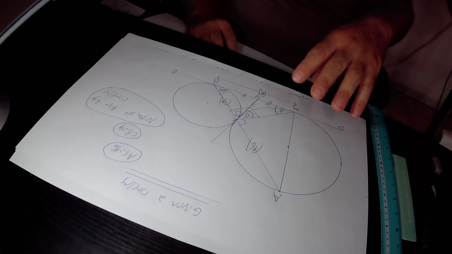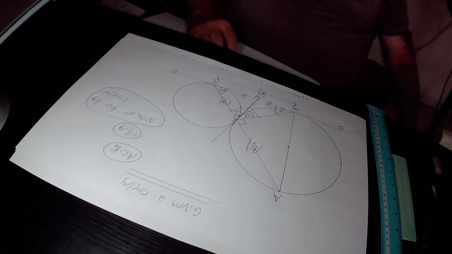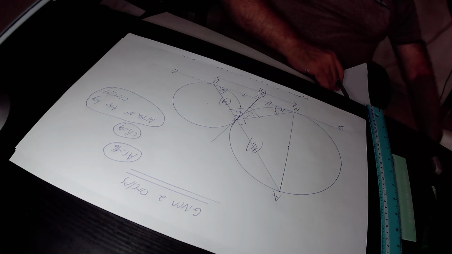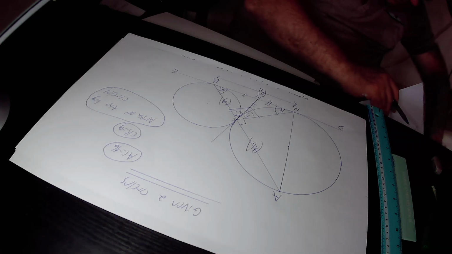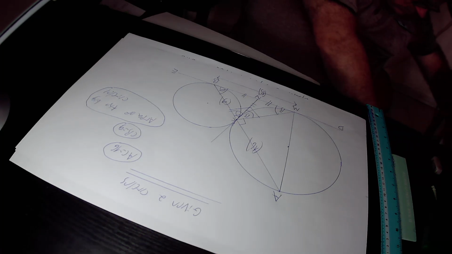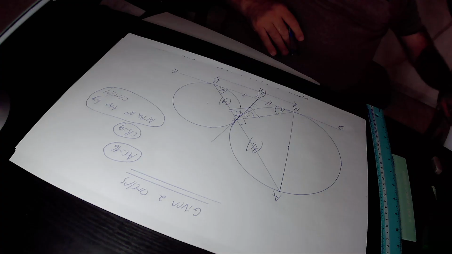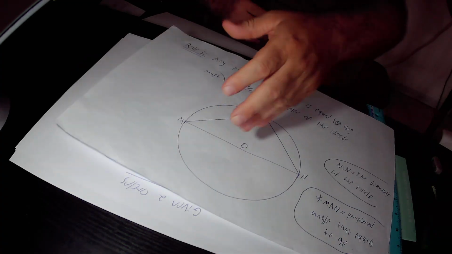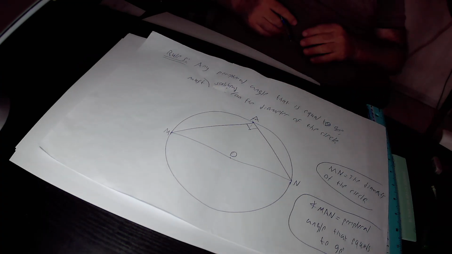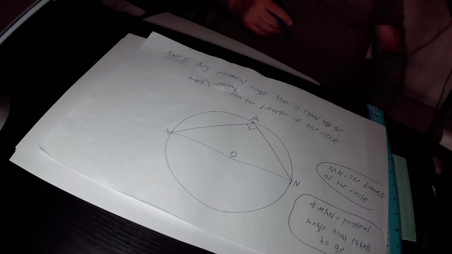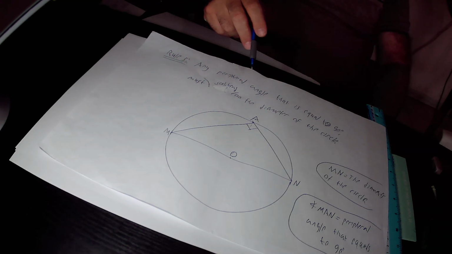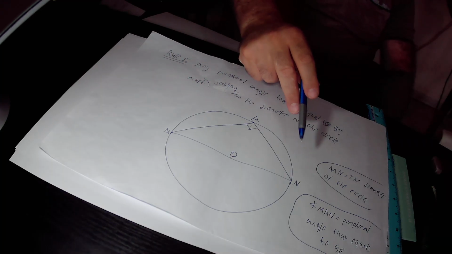Now we can implement rule 5. I'll repeat rule 5 quickly. According to rule 5, any peripheral angle that is equal to 90 degrees must subtend the diameter of the circle. So in the drawing we have a circle, and this is peripheral angle MAN.